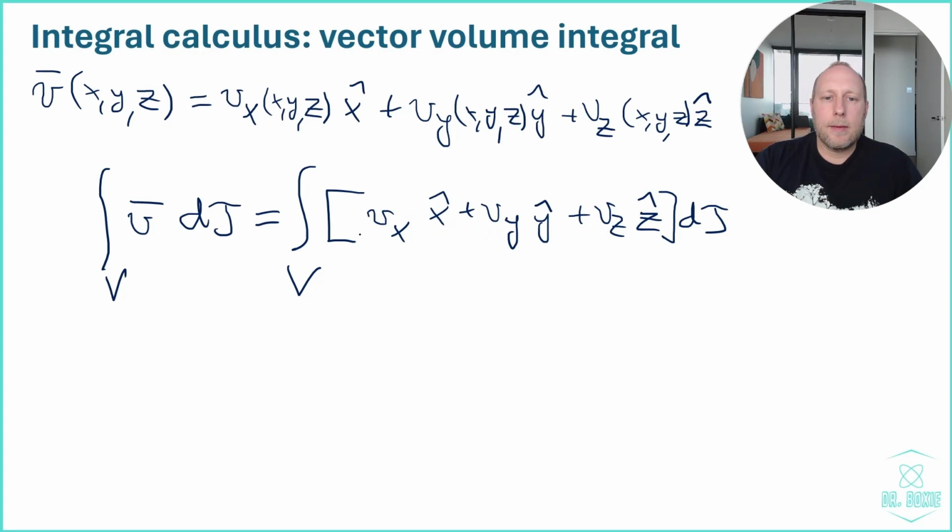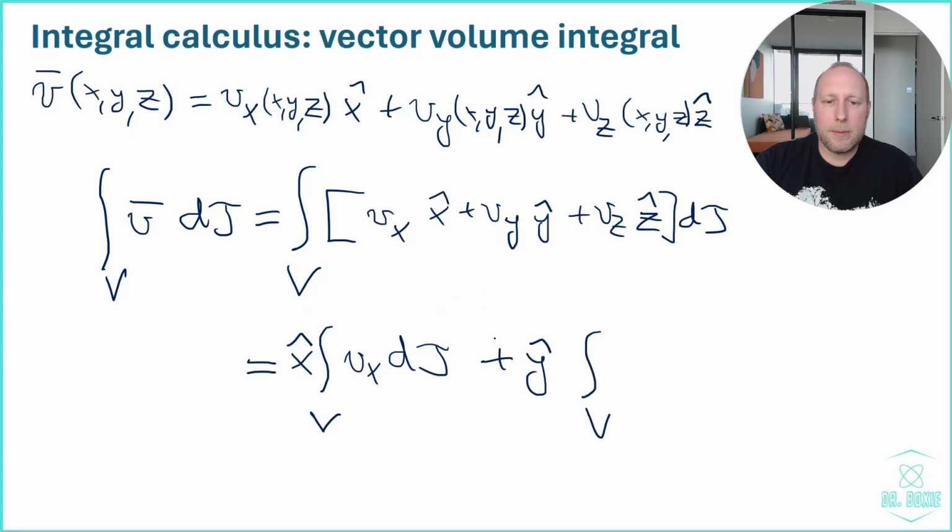And in this case, we can just open up the brackets. And because x hat, y hat, and z hat are actually constant vectors, they don't change as we move around in space, we can just take them out of the integral. And so we get that the volume integral of the vector field v is the volume integral of vx multiplied by x hat, plus y hat multiplied by the volume integral of vy, plus z hat times the volume integral of vz.